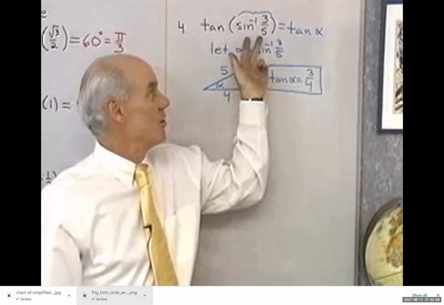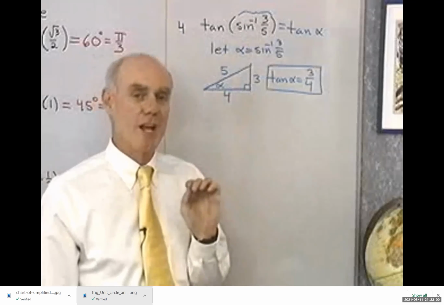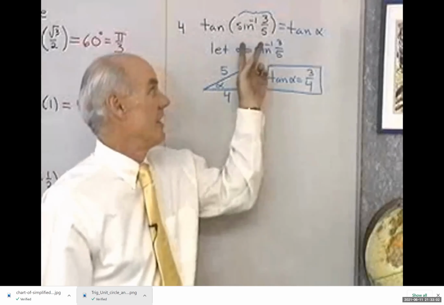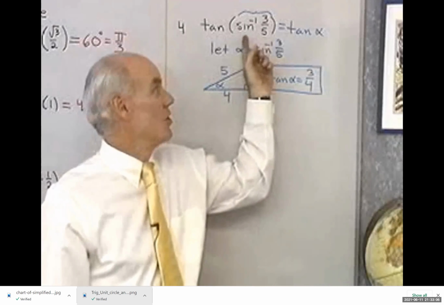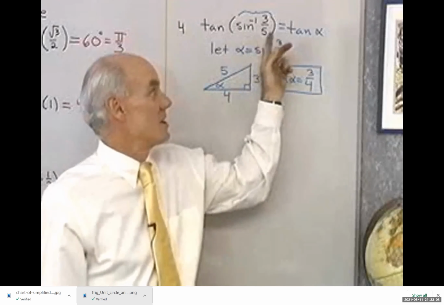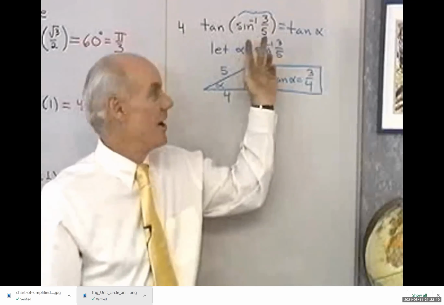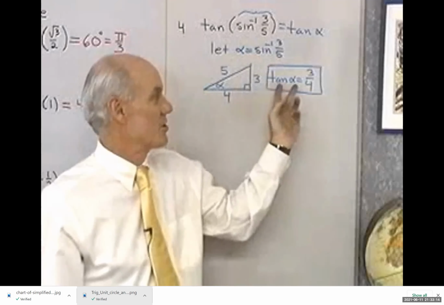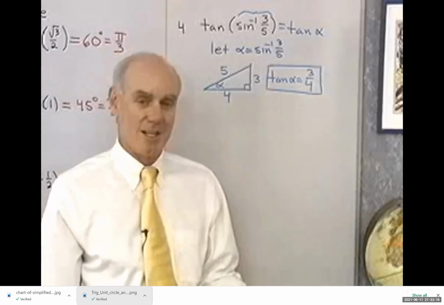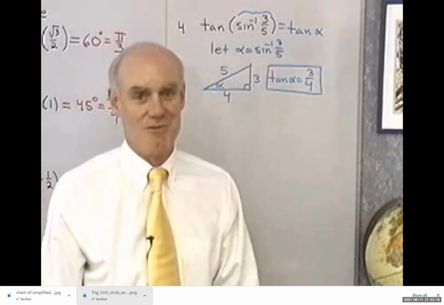The main thing that you need to know about this notation is it stands for a specific angle. In fact, in this case, the angle between -90 and +90 whose sine is 3/5. Sometimes we can just work them out in our head. Other times, maybe we let alpha equal that angle and then draw a little picture if it gets a little more complicated, then I could say tangent alpha is just 3/4.